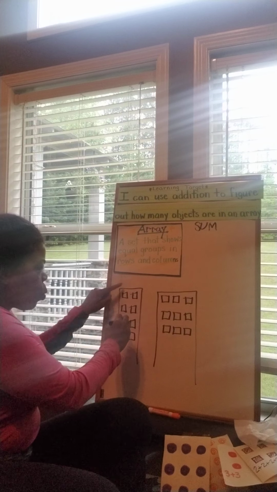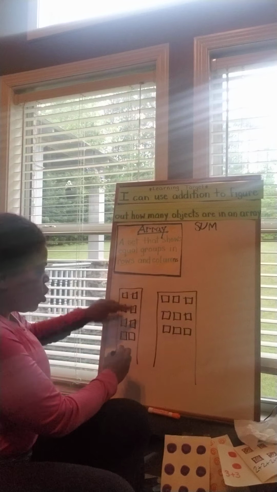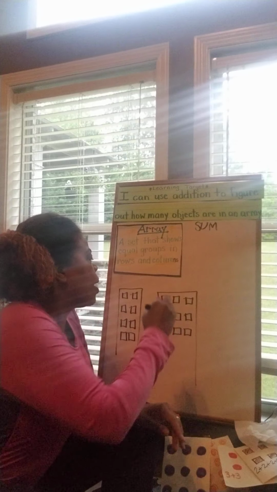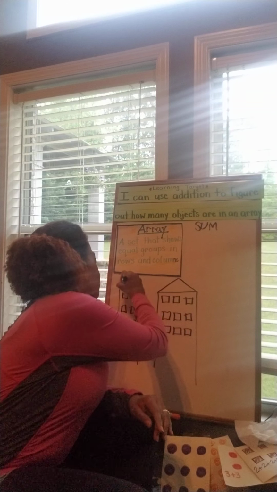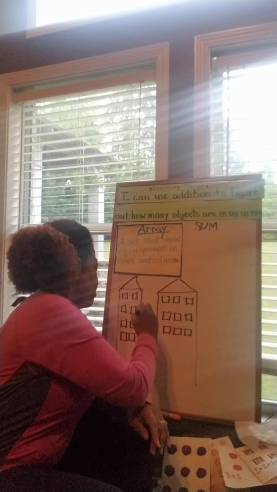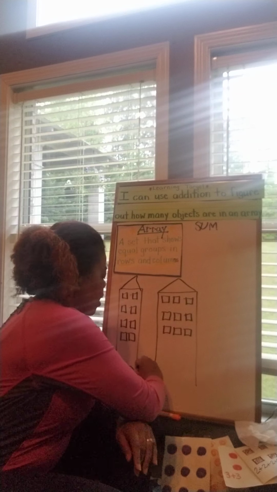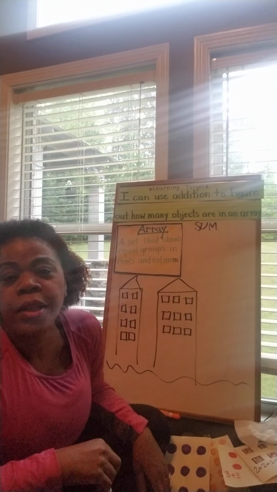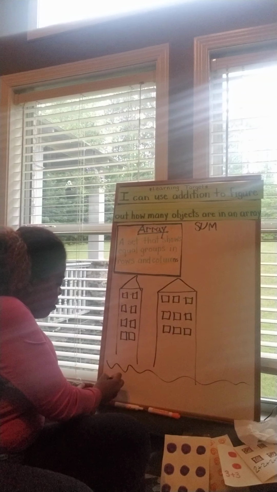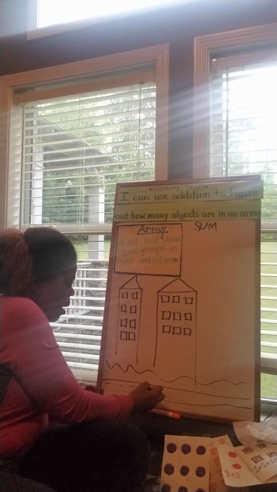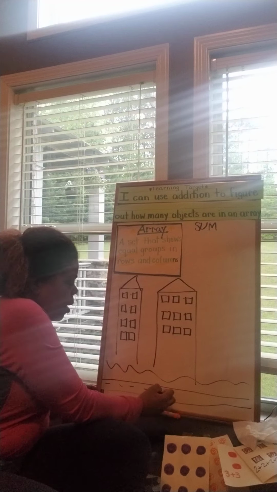So I want you to write, once you made your buildings, and you could do it as simple or as fancy if you want to do it different colors, if you want to draw, add the roof, if you want to, add the grass at the bottom, whatever you want to do, okay? If you want to draw a little road at the bottom, however you want to do it, okay?